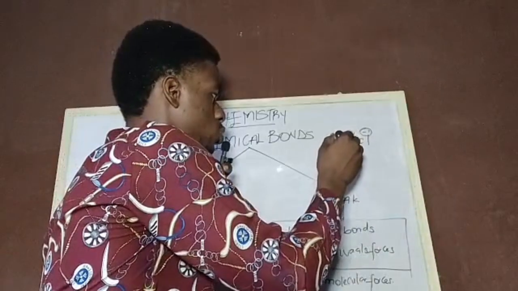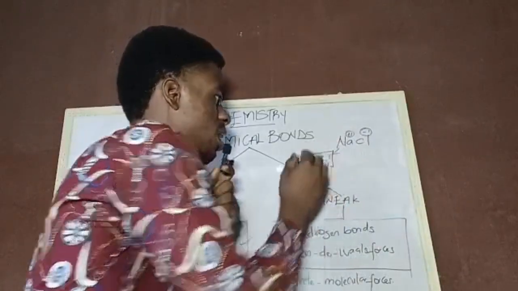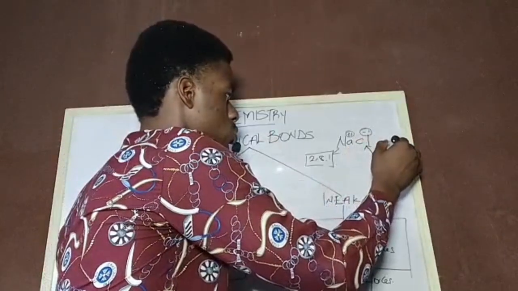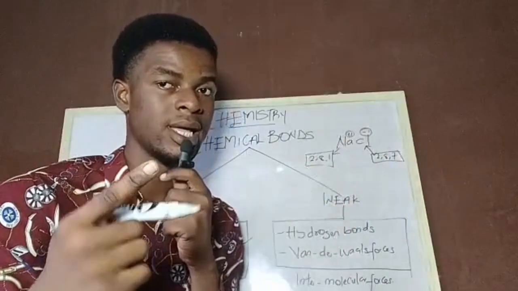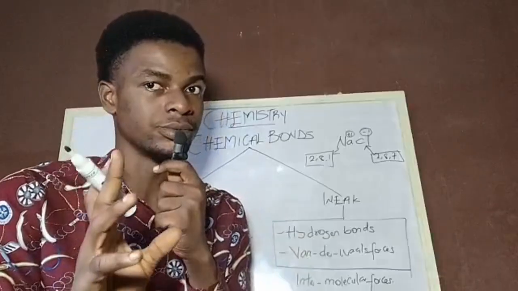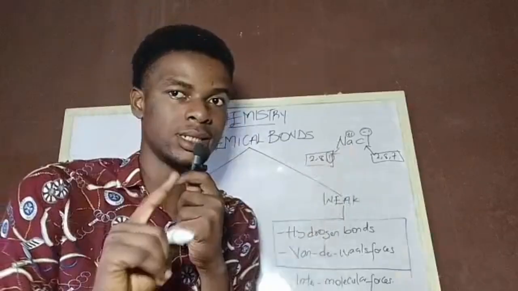First of all, sodium is 2, 8, 1. I'm talking about the electronic configuration of sodium now, and chlorine is 2, 8, 7. Remember, two atoms donate an equal number of electrons, right? Sodium has one in its outer shell.